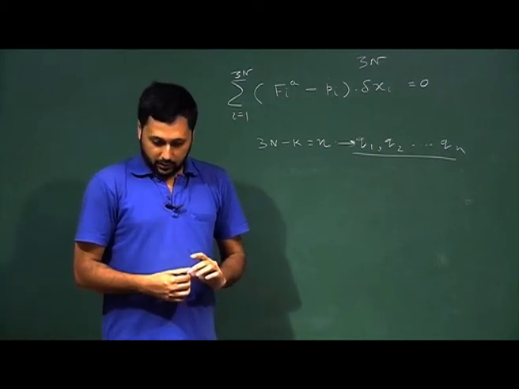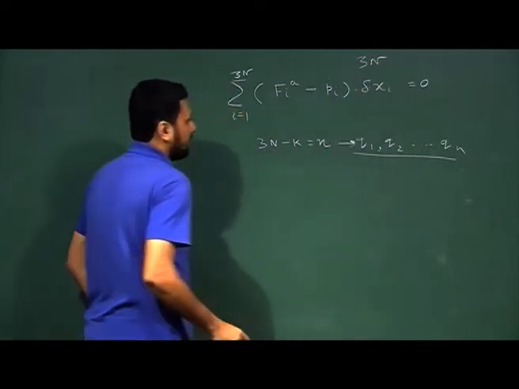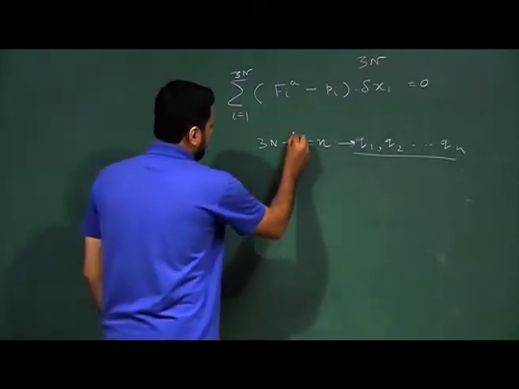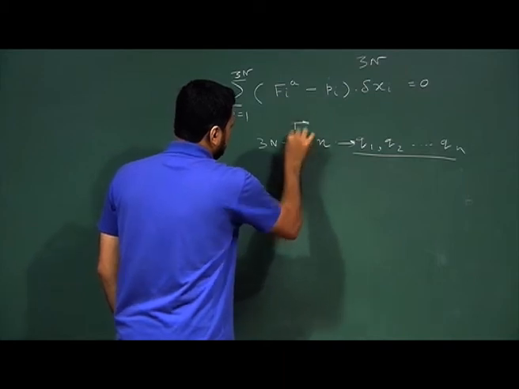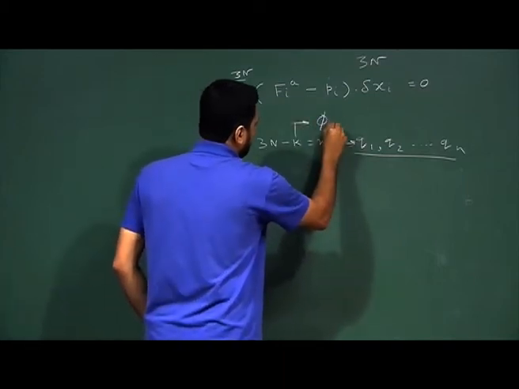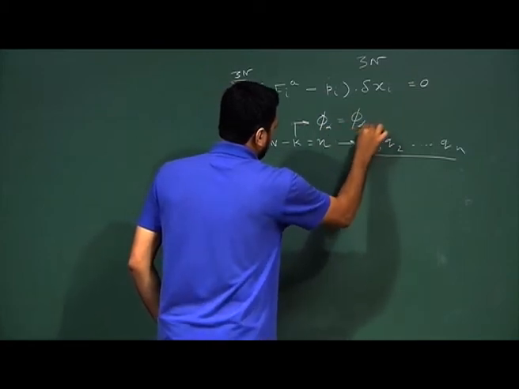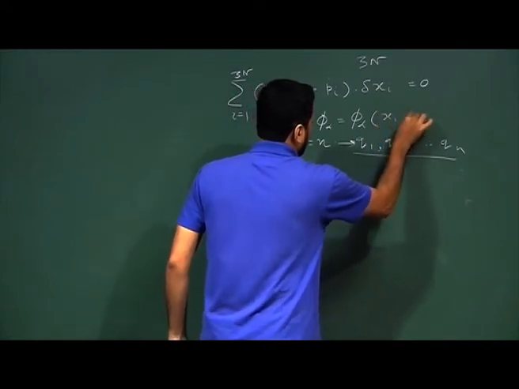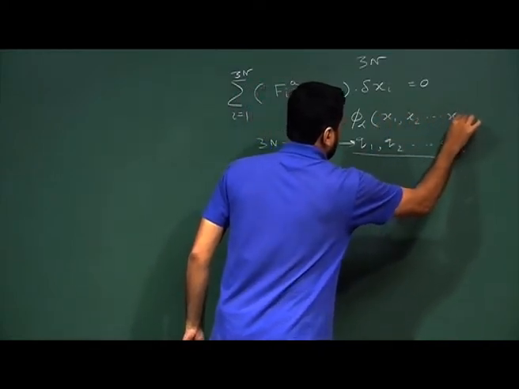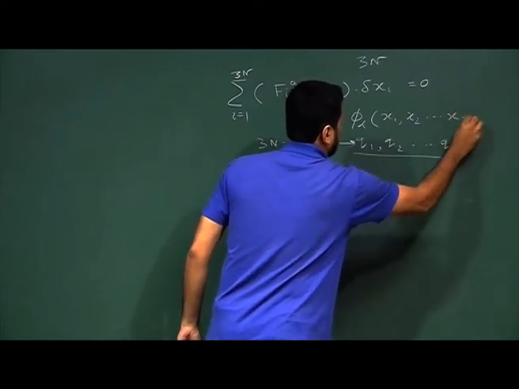Okay. So, we have 3n of these coordinates, and we have k constraint equations of the form phi alpha equal to phi alpha of x1, x2, up to x3n.